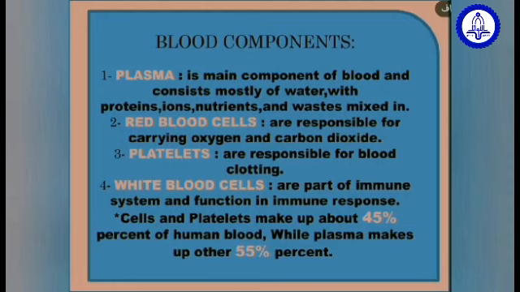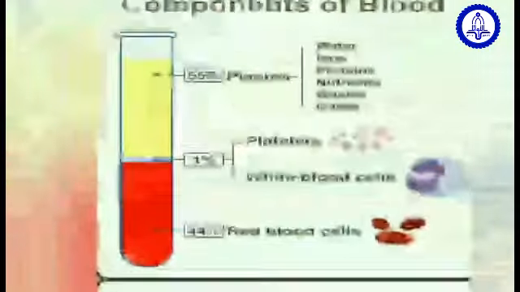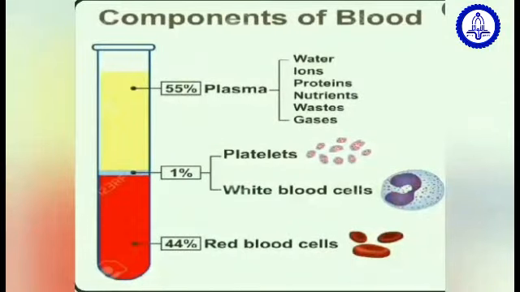Platelets are responsible for blood clotting. White blood cells are part of the immune system and function in immune response. Cells and platelets make up about 45% of human blood, while plasma makes up the other 55%. Picture talks about components of blood.